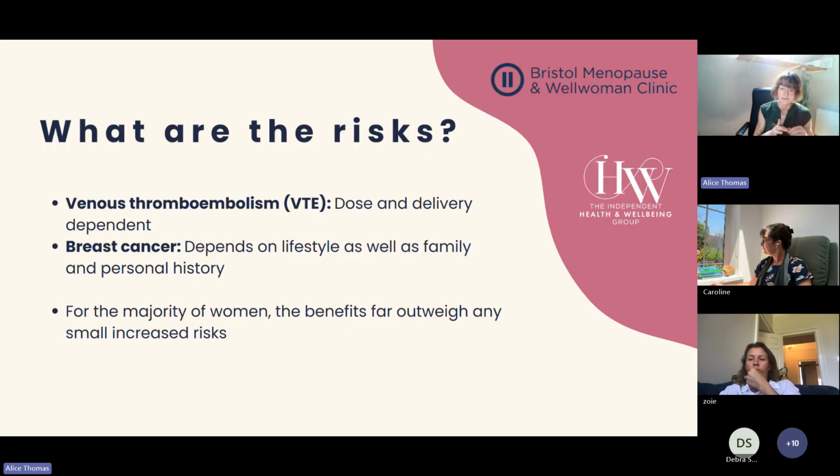So body identical micronized progesterone, such as Utrogestan or Gepretix, carries no increased risk of breast cancer for the first 5 years of use. And of course, individual risk must always be discussed with healthcare professionals. But the guidelines from NICE are clear, and from the British Menopause Society, that for the majority of women, the benefits of HRT far outweigh the risks.